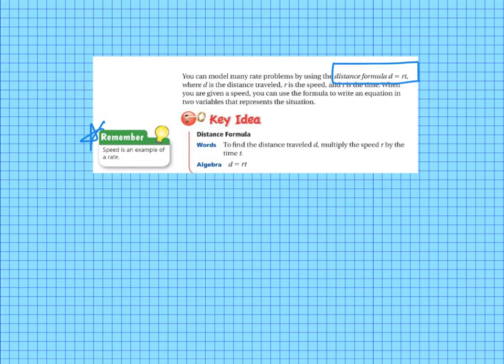Speed is an example of a rate, so that's important that you recognize that. So to find the distance traveled, d, multiply the speed, which is r, by the time, which is t. Speed is the same as rate.